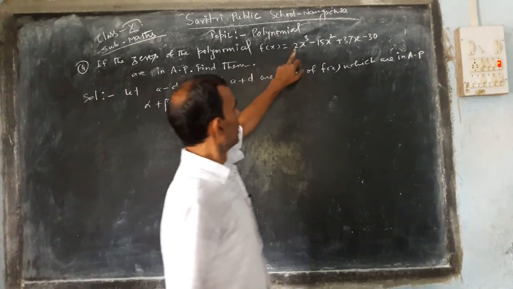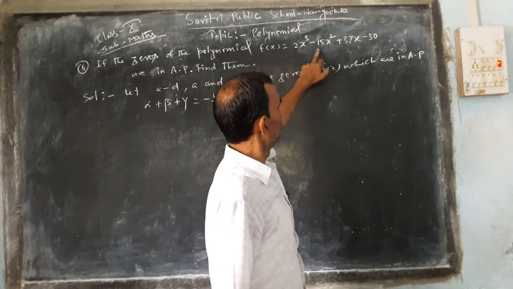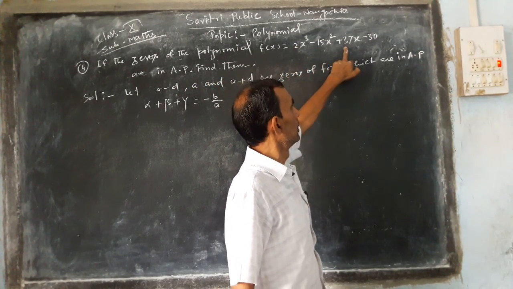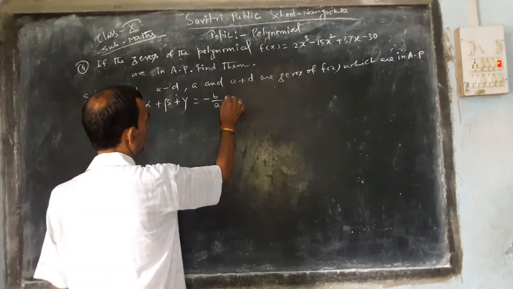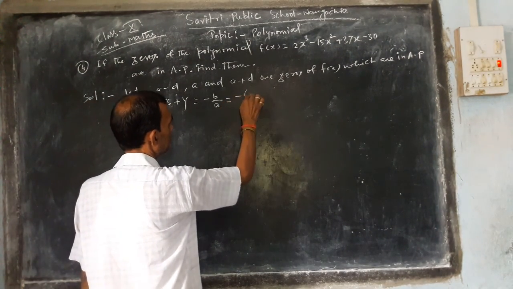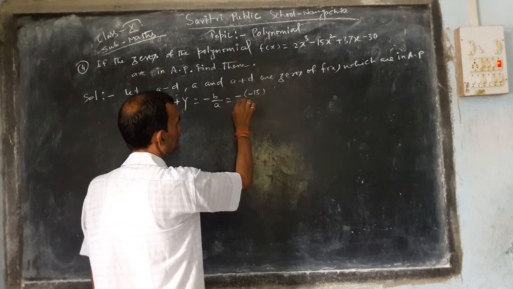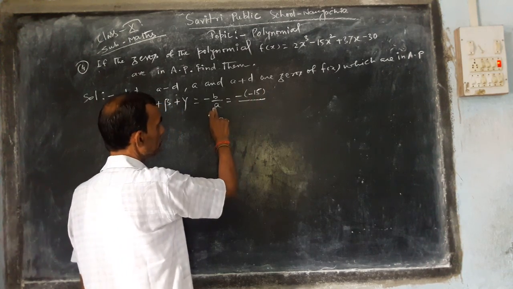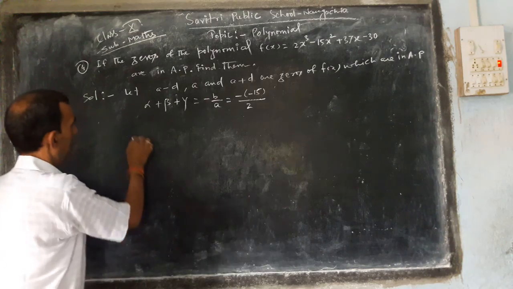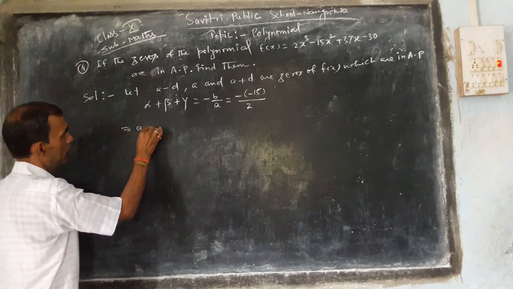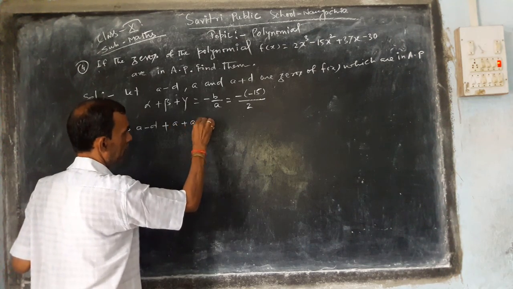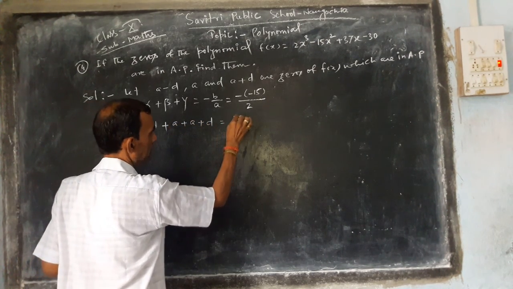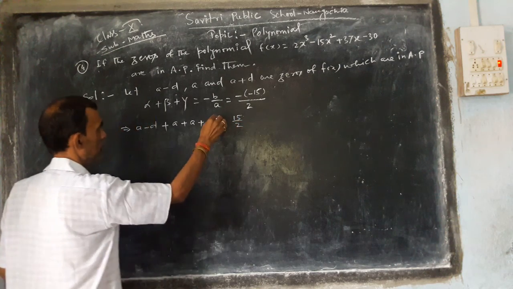Here a = 2, b = −15, c = 37 and d = −30, so the sum is 15/2.